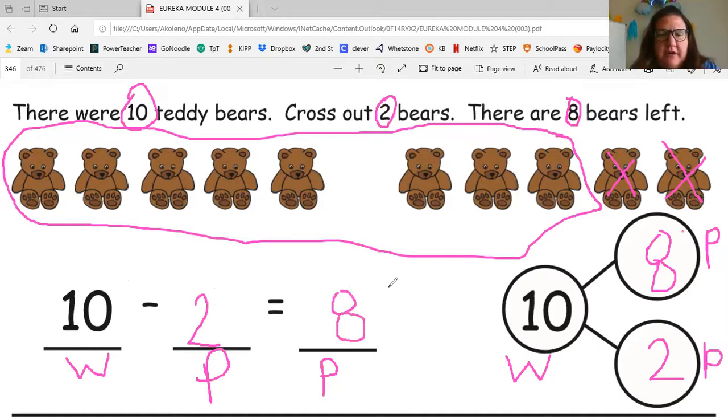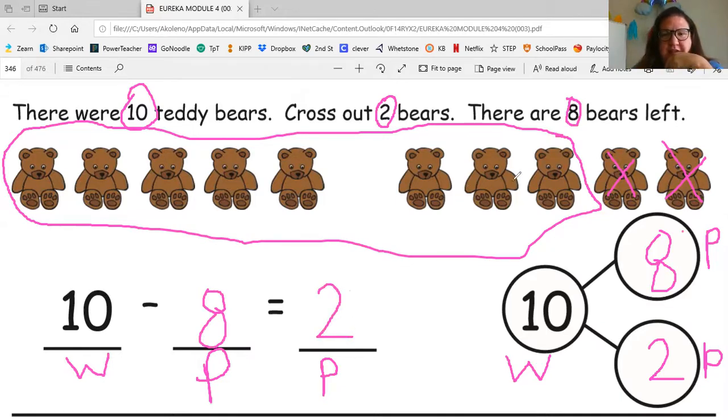Let's check that work. We had 10 bears. We took 2 away. And how many do we have left? 8. That's right. Now, what if I decided that 10 minus 8 equaled 2?